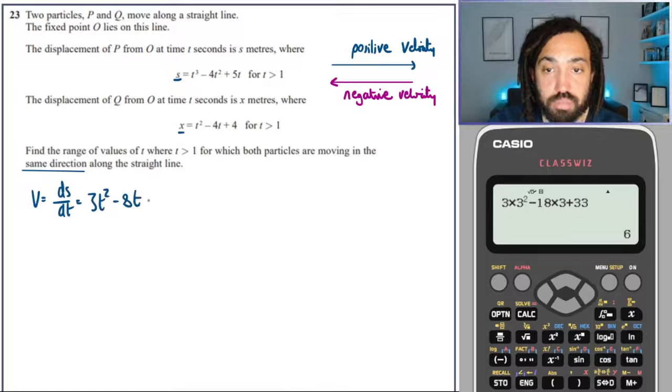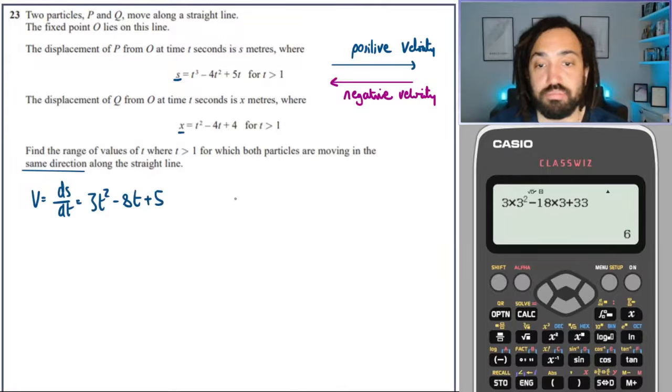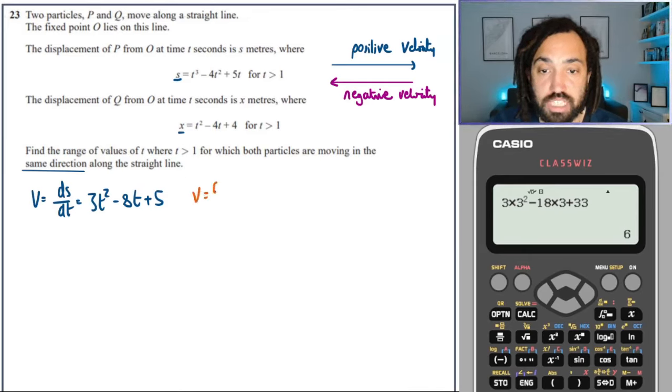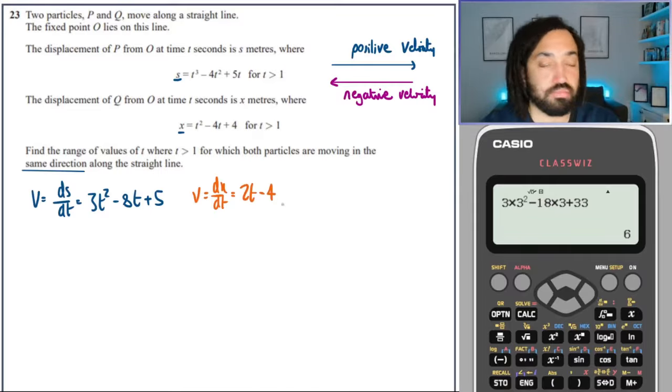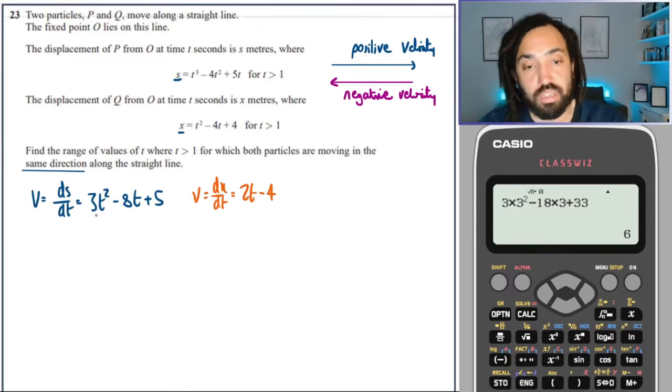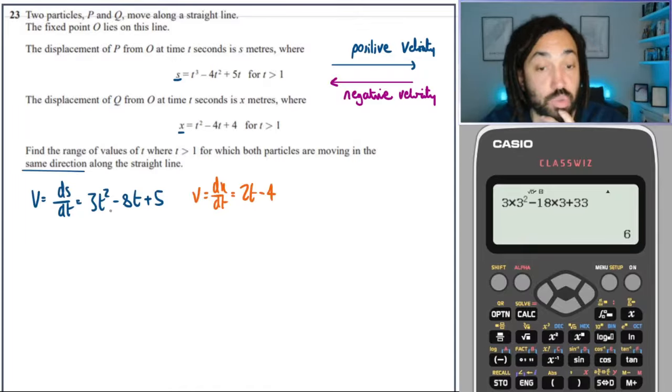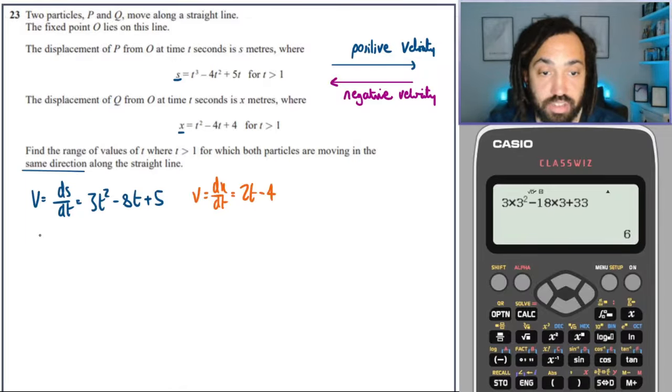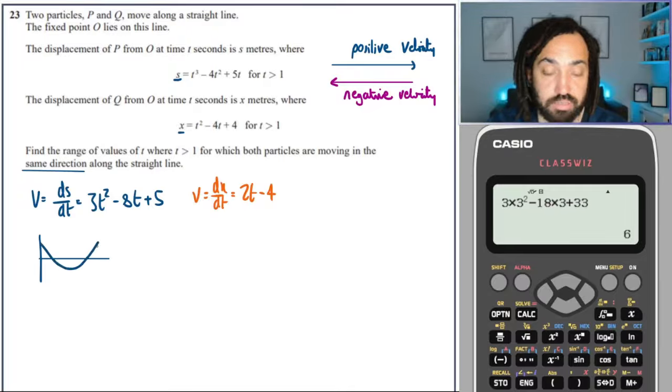So I'm going to get this for the first one, and then for the other one, I will get its velocity is dx by dt, which is equal to 2t minus 4. Okay, now this one is a quadratic, so it's going to have this shape to it, like this.